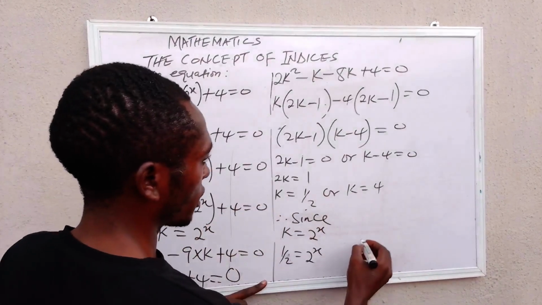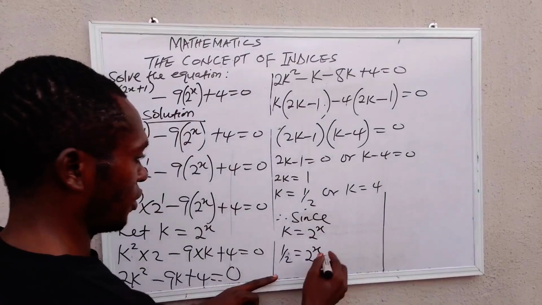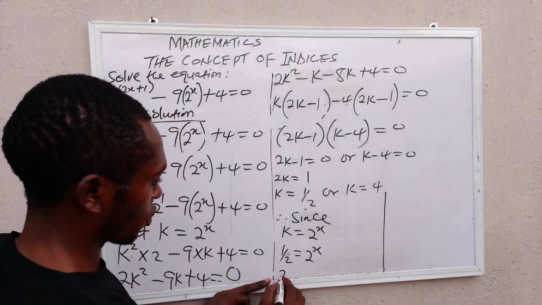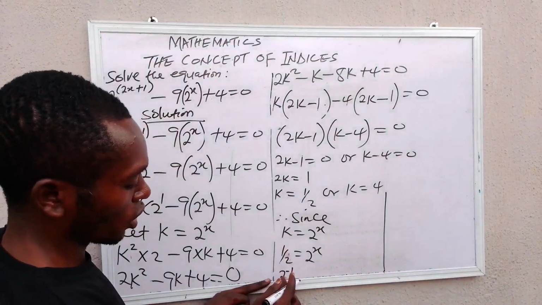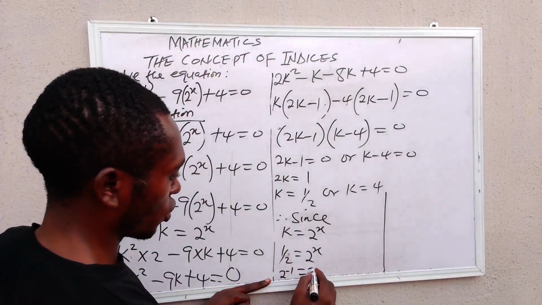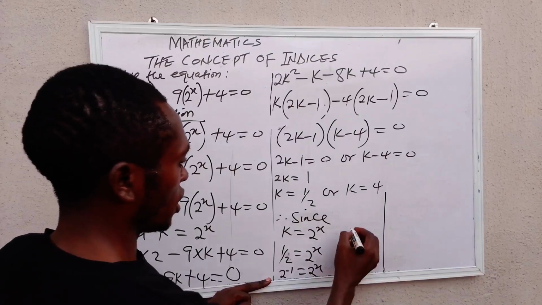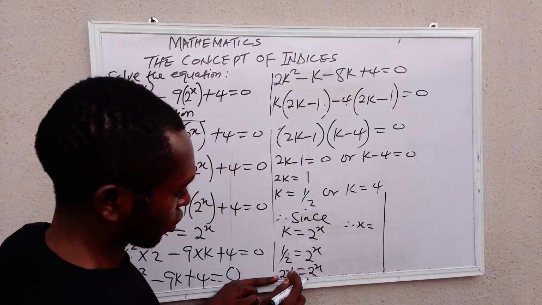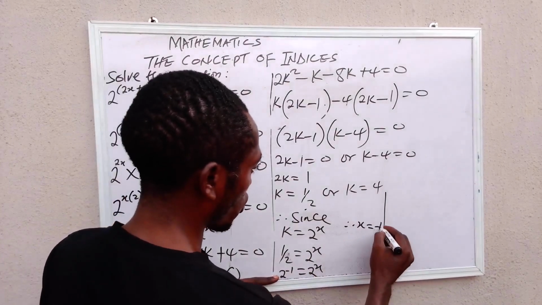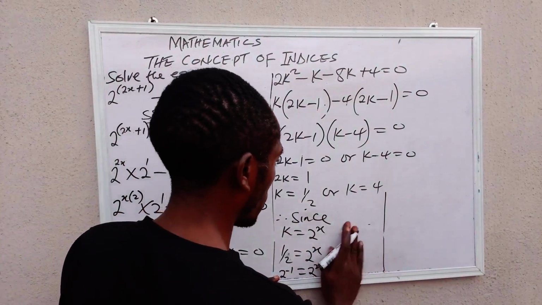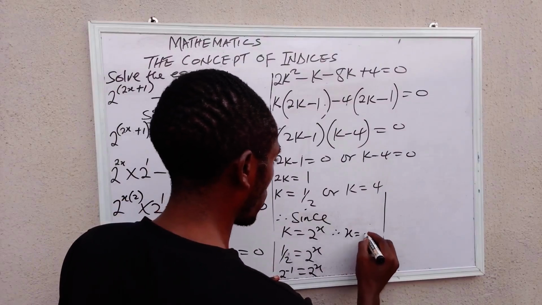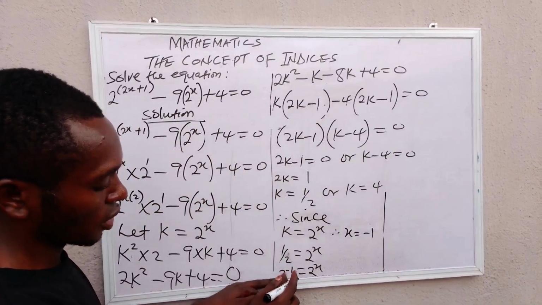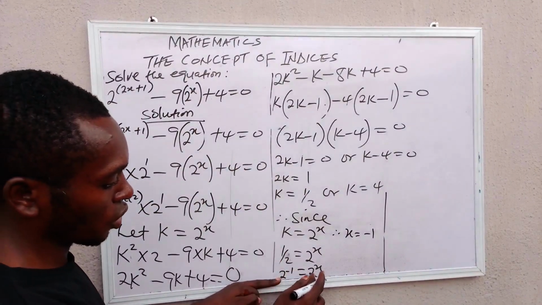This simply means that 1 over 2 is the same thing as 2 raised to the power of minus 1, which is equals to 2 raised to the power of x. So therefore, x here is equals to minus 1. Therefore, x is equals to minus 1 from here. So half is the same as 2 raised to the power of minus 1.